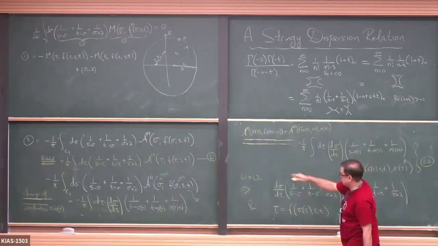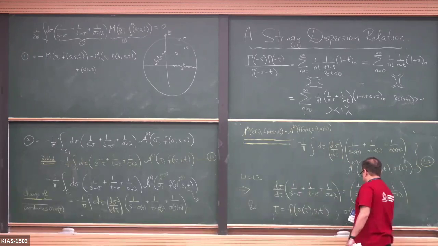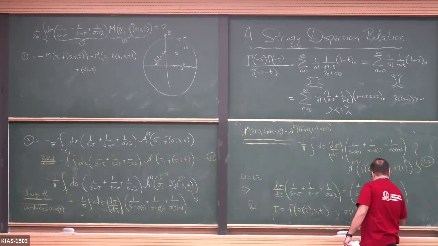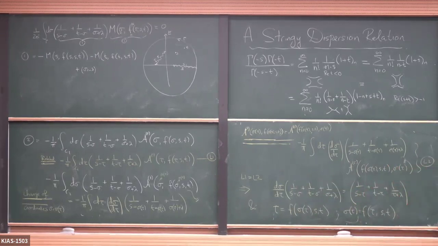And finally, sigma of tau should be equal to that object there. Okay. Are the manipulations clear? Any questions? Because once these manipulations are clear, the rest is easy.